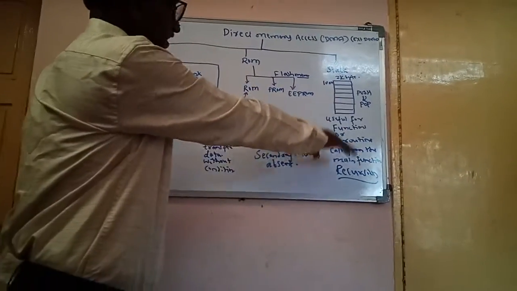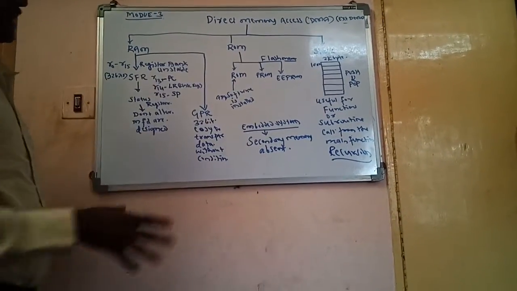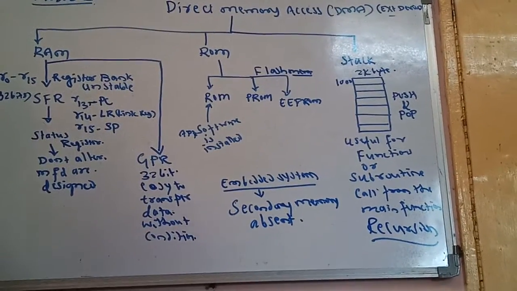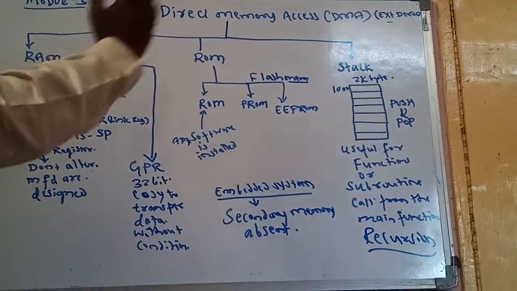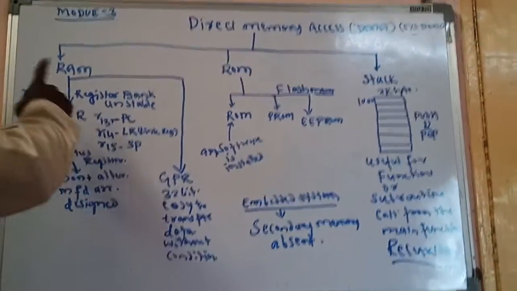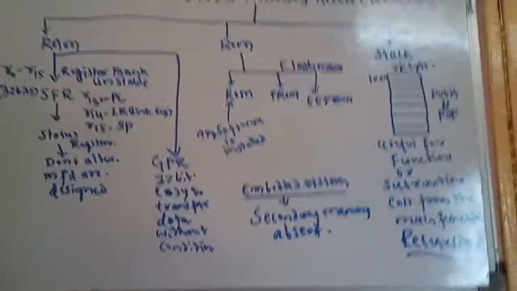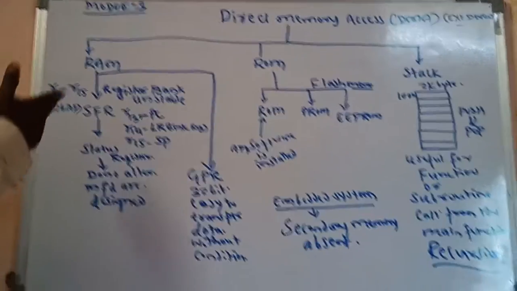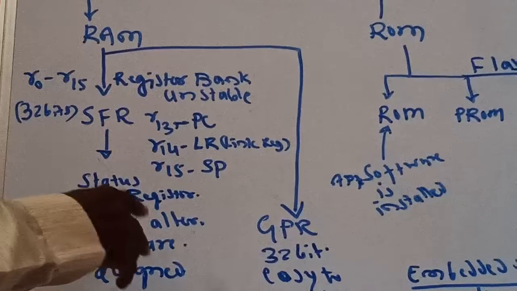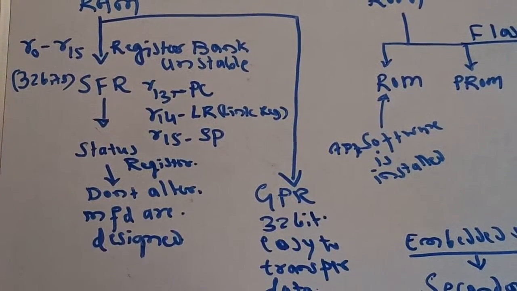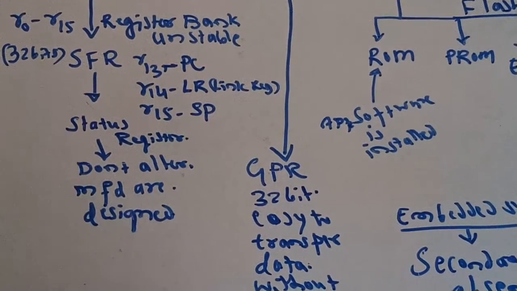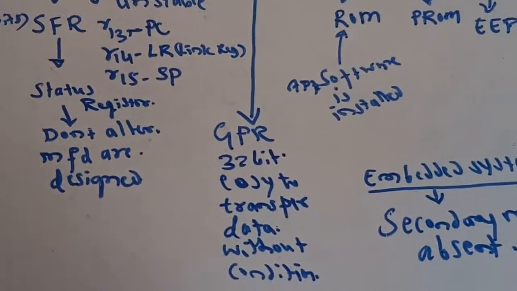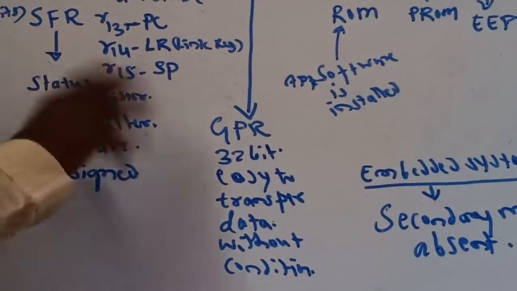That is about the stack. Once again, I will summarize. Memory in an embedded system is a most important part, and the memory is partitioned into RAM, ROM, and stack. RAM contains the register bank R0 to R15; R13, R14 and R15 are special function registers, and a status register is there. Whatever information the manufacturers store in the status register, the user cannot alter.